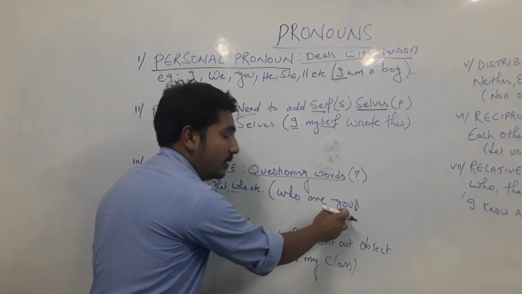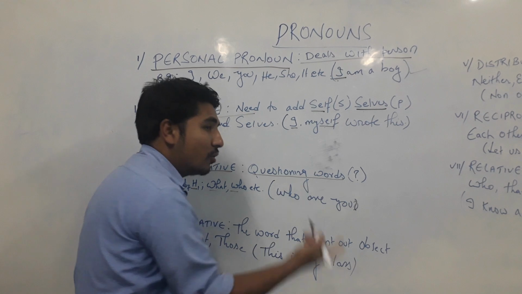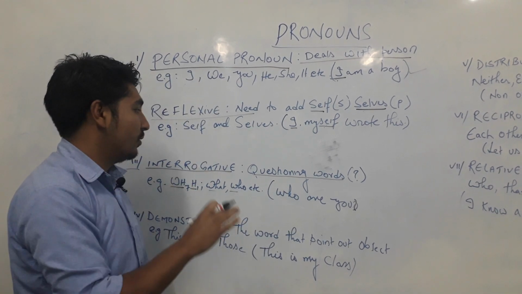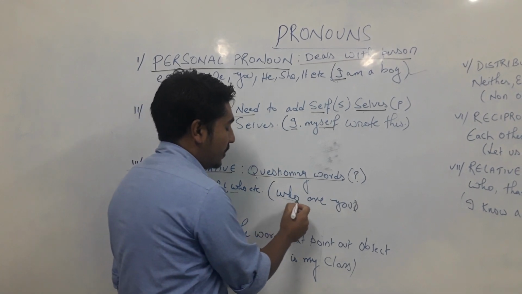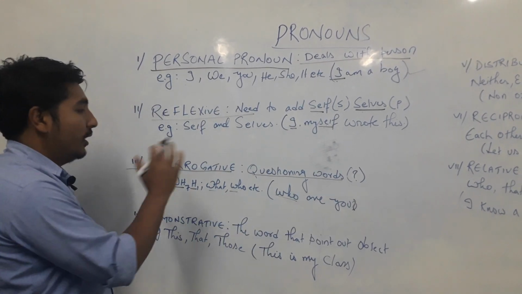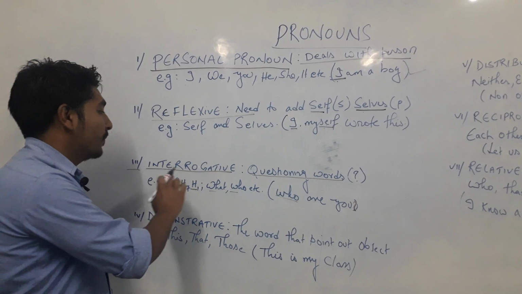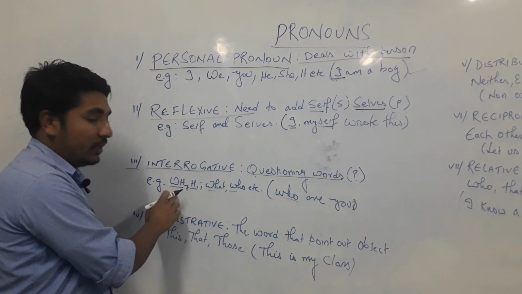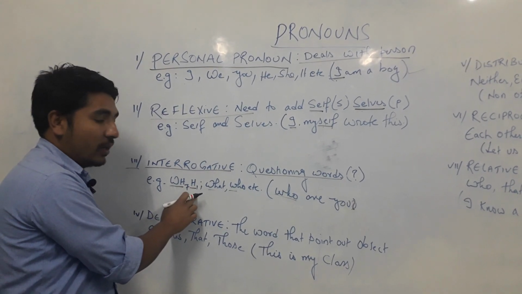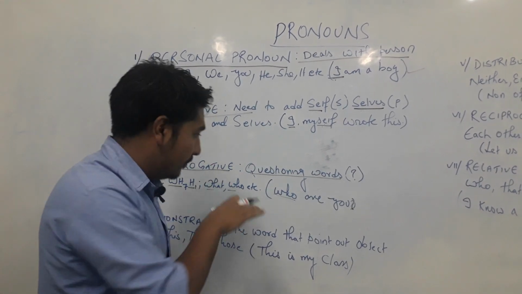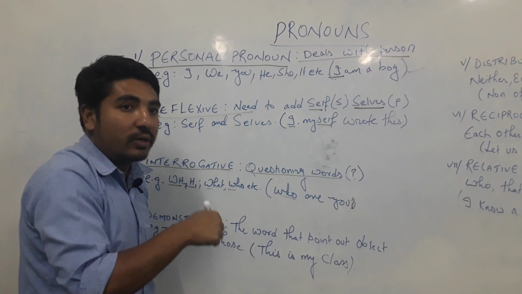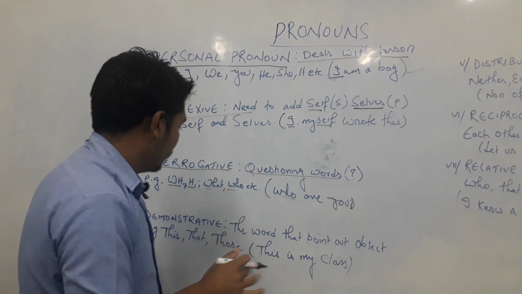This who means this you only. But then, in order to make a questioning sentence or interrogative sentence, we are using this. So, if you want to make interrogative sentence using pronoun, you can use this WH7 H1, but make sure this has to be pronoun. This word has to replace the noun.